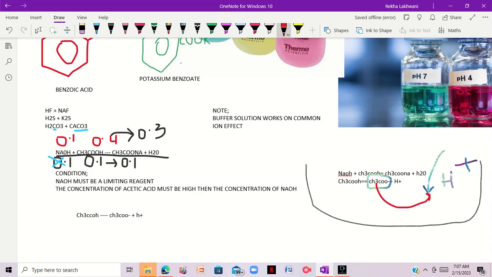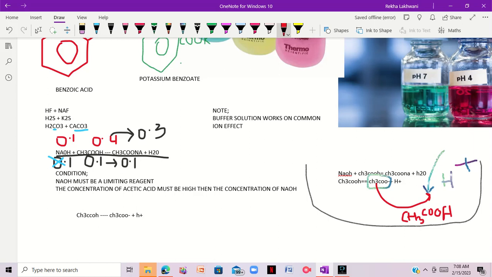It will form CH3COOH. This will be formed, right? But what if we add OH ions? And obviously this acetic acid will be formed, right? This acetic acid will again break down in the presence of water.